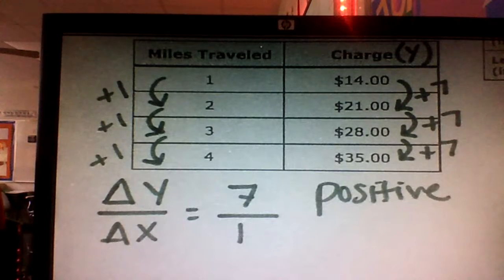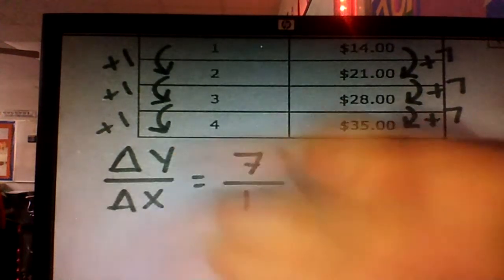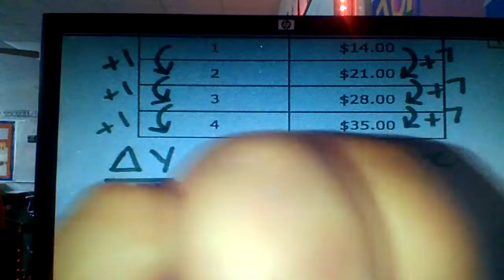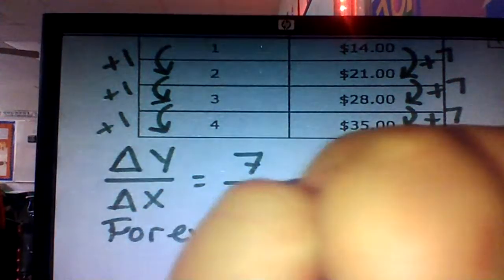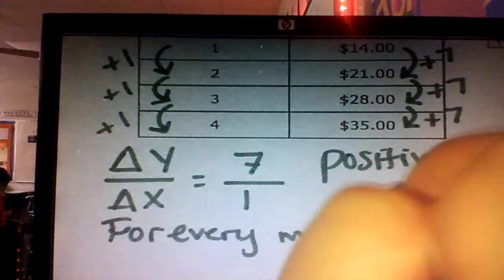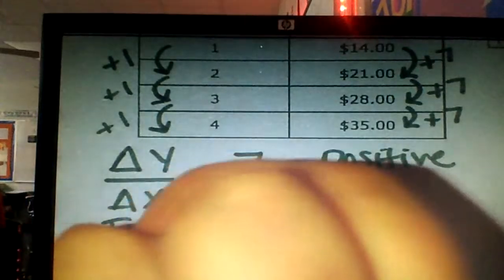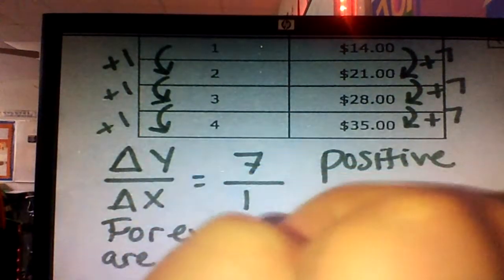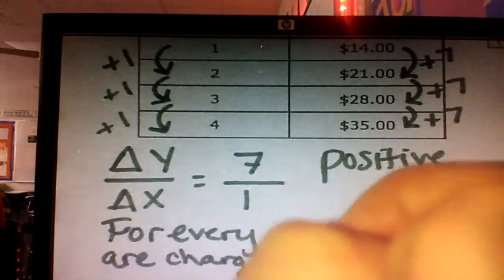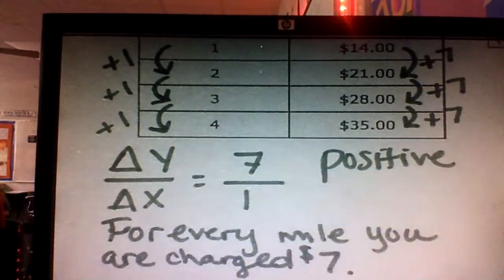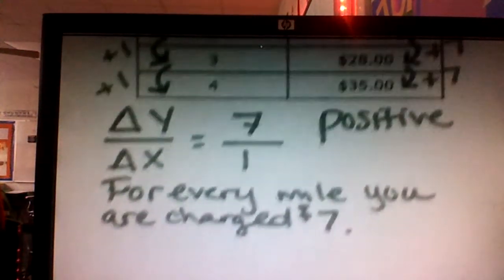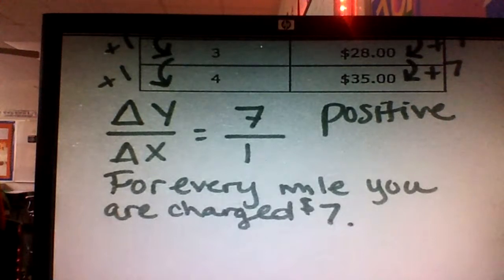So you're charged $7 for every mile traveled. That's what this means. For every mile, you are charged $7.